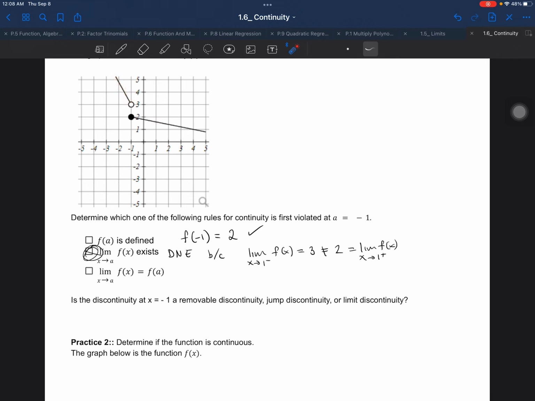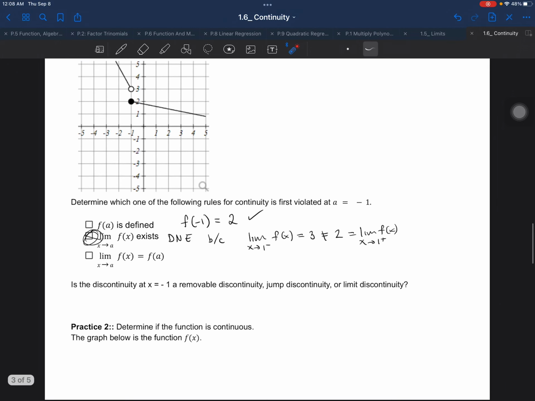Another, more formal way to argue it is that just changing this value from here to here is not going to remove the discontinuity. So like we said, this is a jump discontinuity, period.